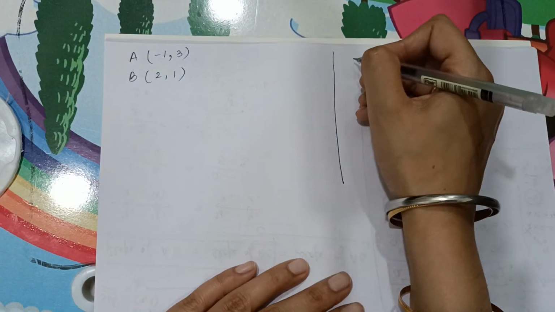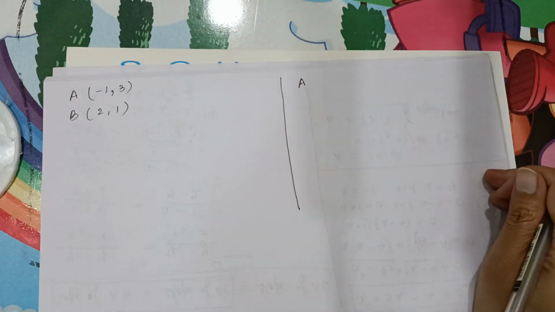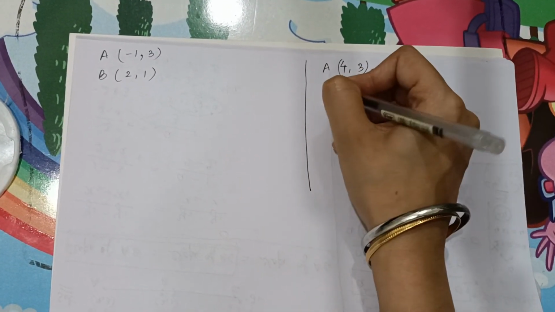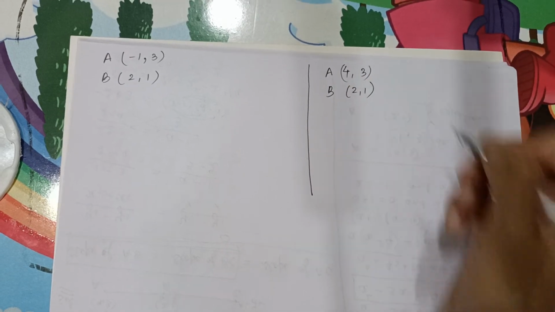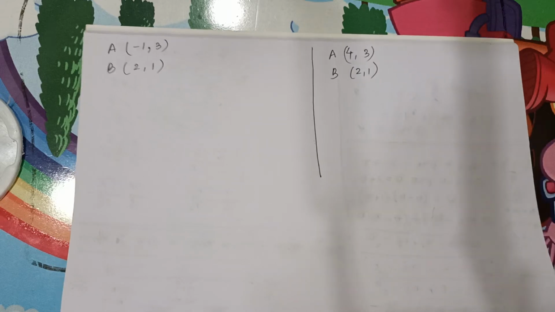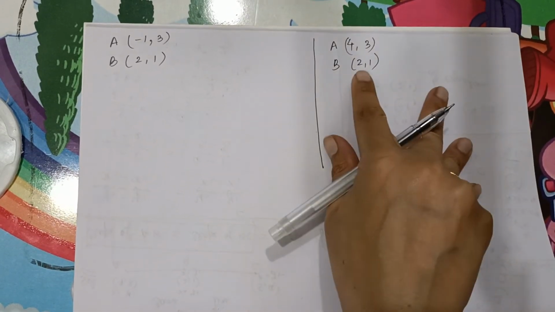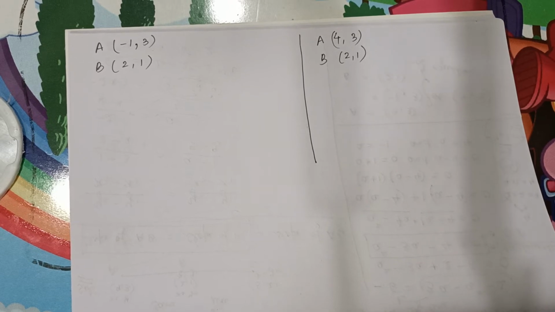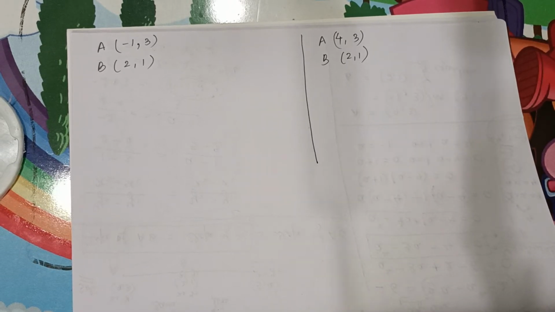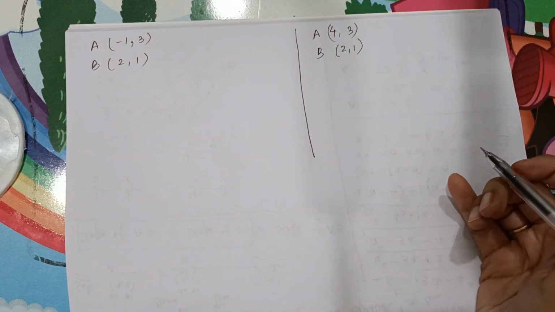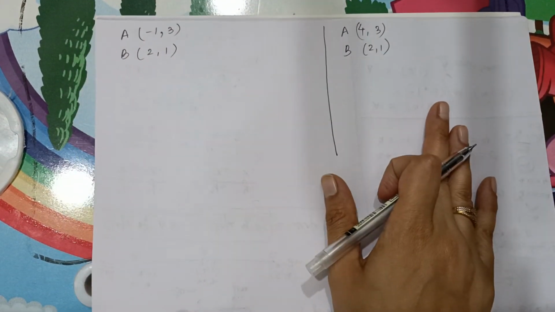And for this one, a's second value is 4 comma 3 and b's value is the same, 2 comma 1. See, here I am using b, you can also use c, but because b is already given to us, I am using b. The equation of ac or ab or bc, all three are the same because the line is one single line only.